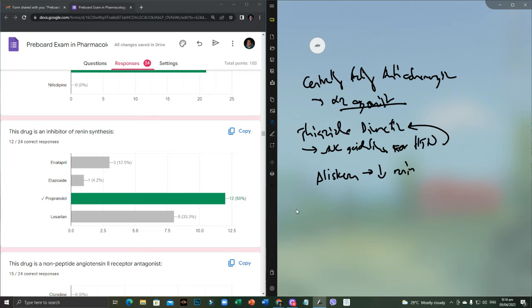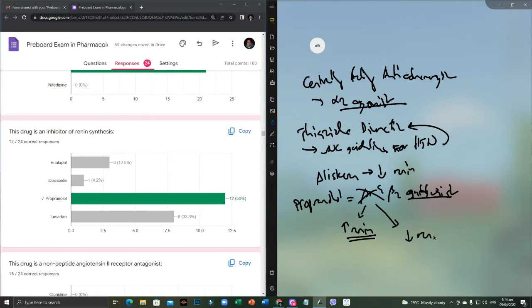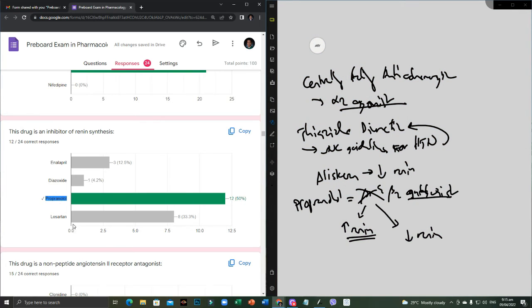Propranolol, class, is a beta-1 and beta-2 antagonist. Remember, class, you need beta-1 activation to increase renin. So by blocking beta-1, you reduce renin synthesis. Hence, class, this is the more appropriate answer.